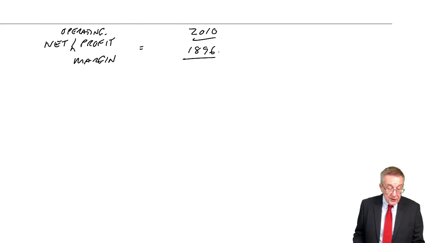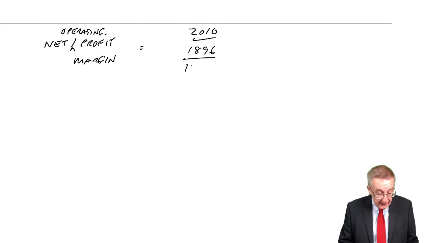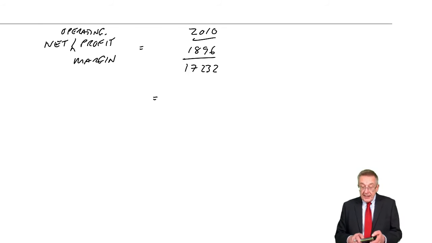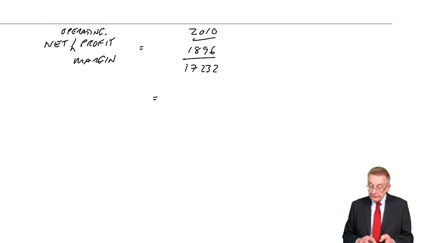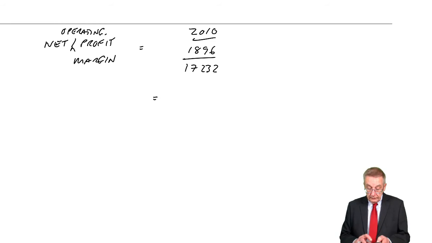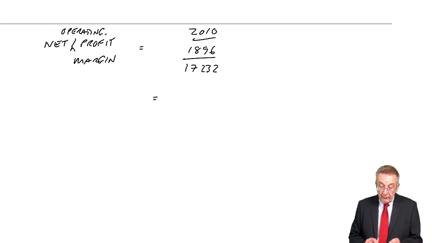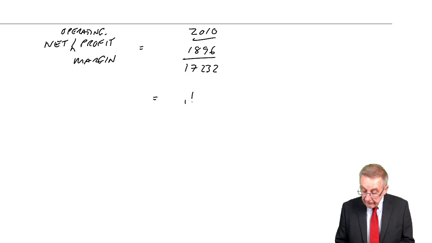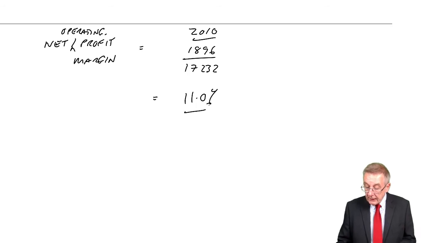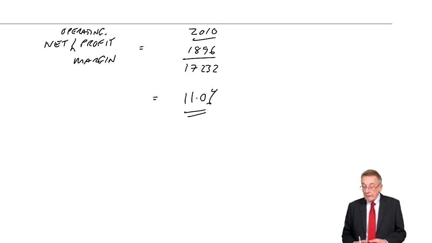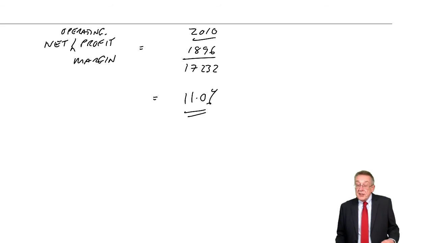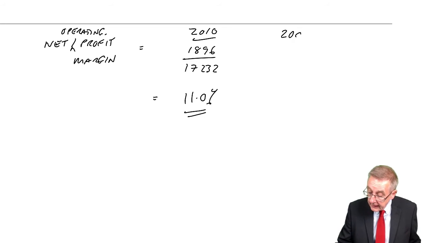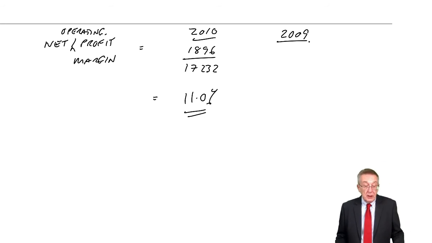And the total sales in 2010, the revenue, was 17,232. And so in percentage terms, 11%. What was it in 2009? Are we selling at a bigger profit or a lower profit?